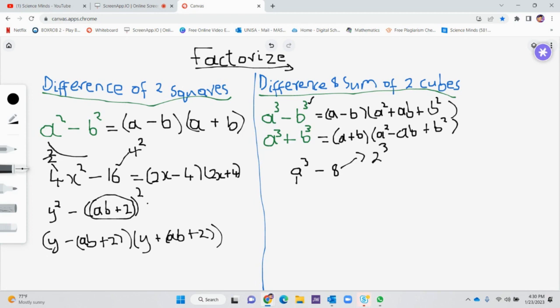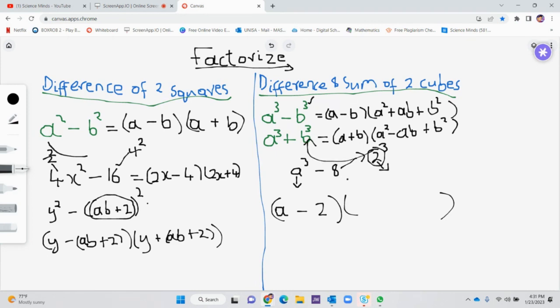So that means our a value is a, and then our b will be 2. All right, so if we factorize this, we are going to have a minus b. B in this case is 2 because we turned 8 into 2 cubed.